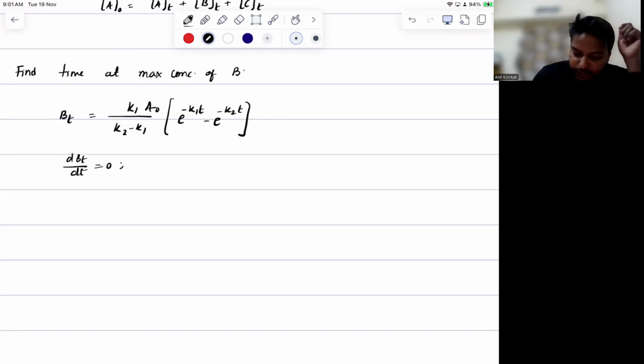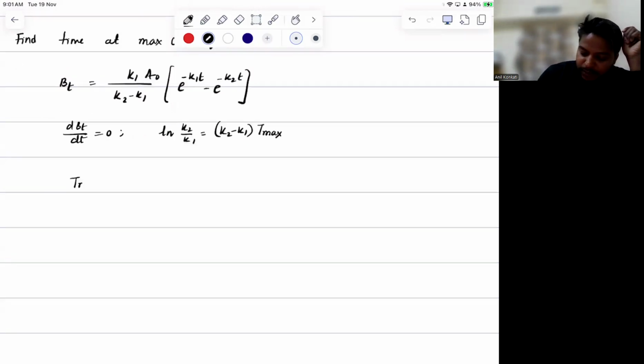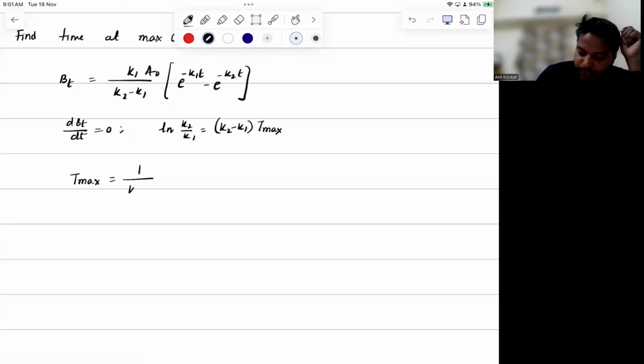Then we'll get an equation like this: ln K2 by K1 is equal to K2 minus K1 into t max. So this t max is always asked to calculate. This is an important formula, guys: t max is 1 by K1 minus K2 into ln K1 by K2. So you should remember this formula for solving questions.